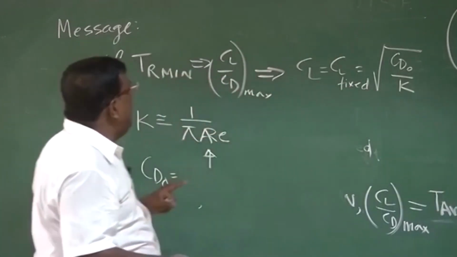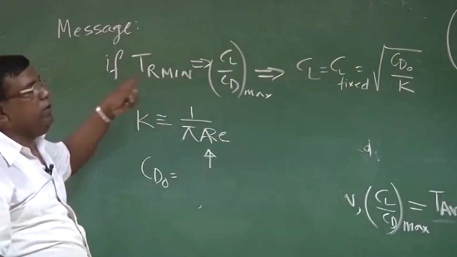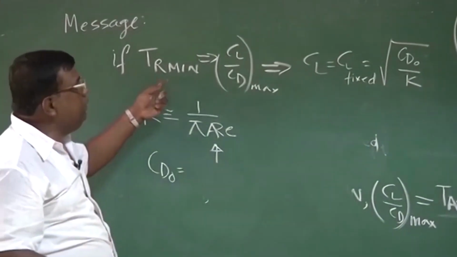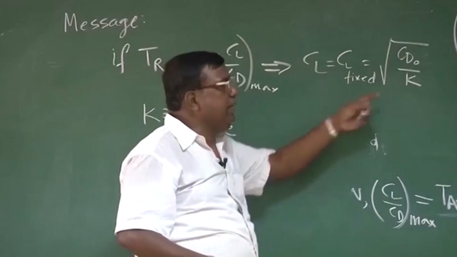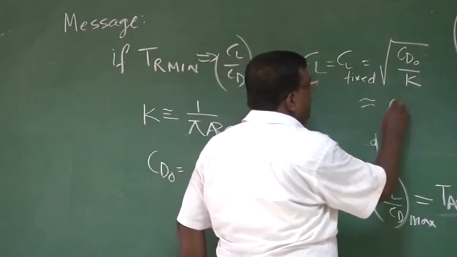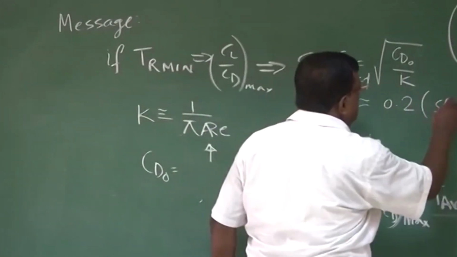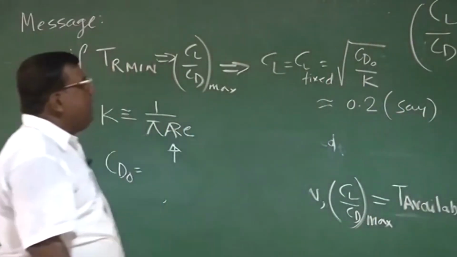However, if you want to fly at thrust required minimum, where your engine will be giving minimum thrust, which I call thrust available, I need to fly at a fixed CL, which is CD naught by K. Let's say this value is around 0.2. So what is the meaning?